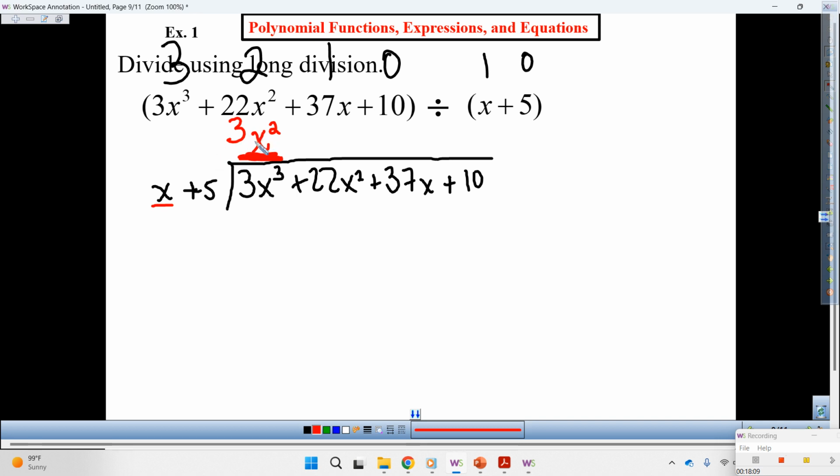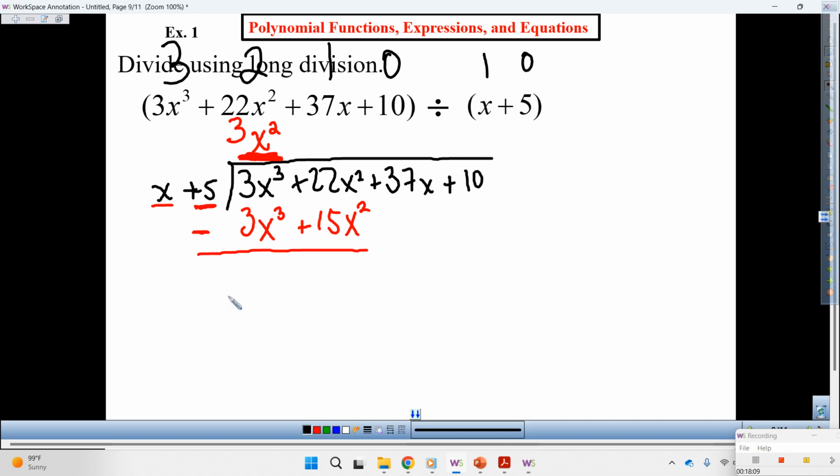So 3x squared times x gives me 3x cubed. But now I need to multiply times this second number. What is 3x squared times 5? 15x squared. Once again, Joseph said 3x squared, so 3x squared times x is 3x cubed. 3x squared times 5 is 15x squared. Next, let's do this next step together. Draw a line. We're going to subtract.